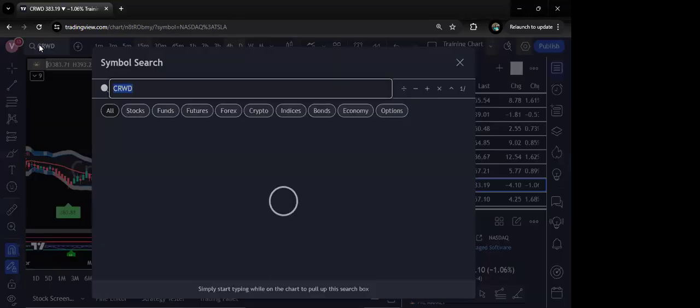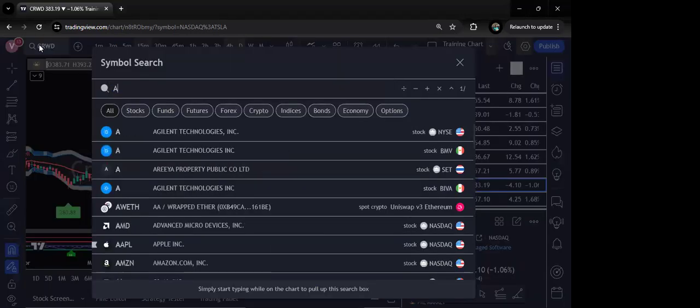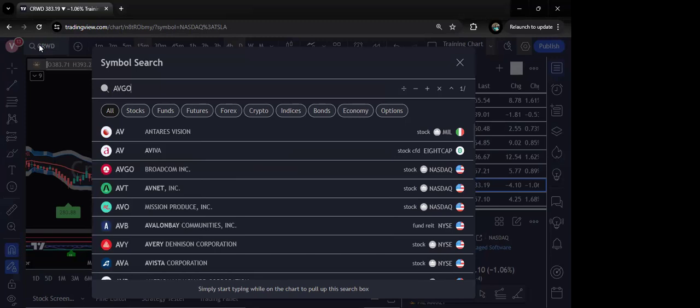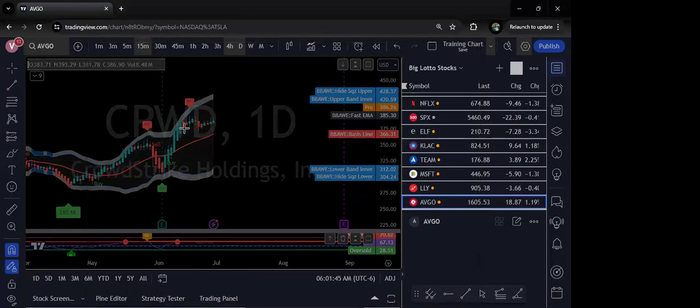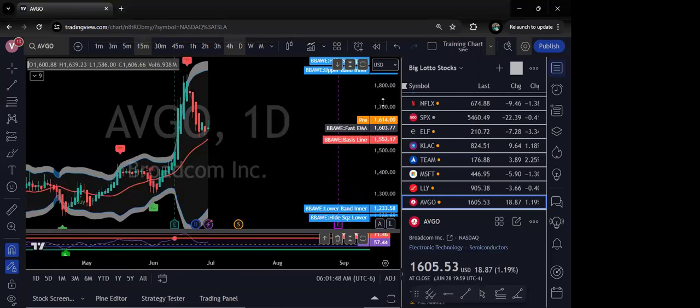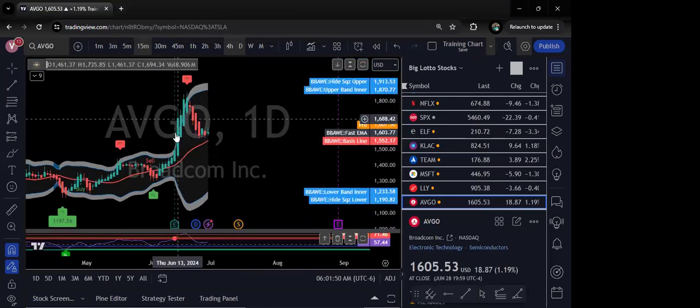Then we have AVGO. You just need to look at the stocks that have, see, this is a good example. Anytime a stock is breaking a rule, it can do that up to 6 days. So this one had a wide band, then it pulled back.